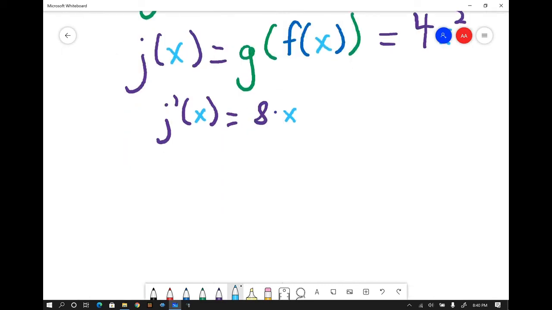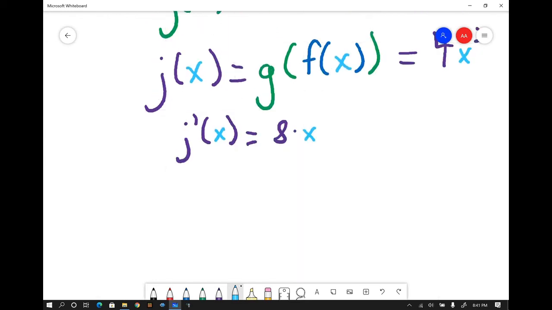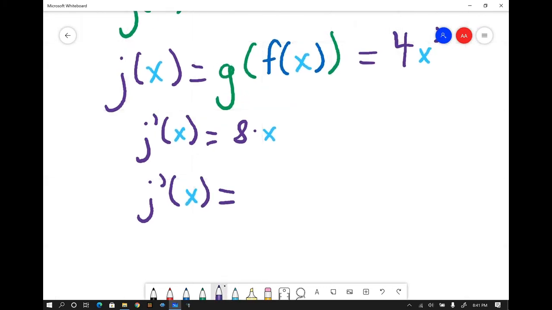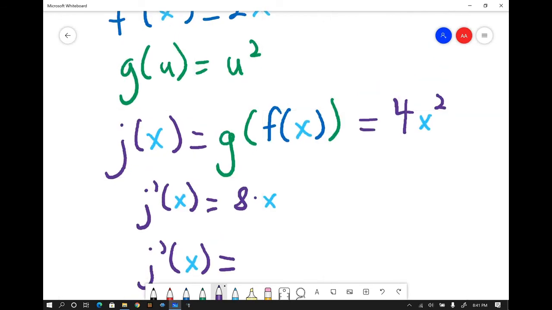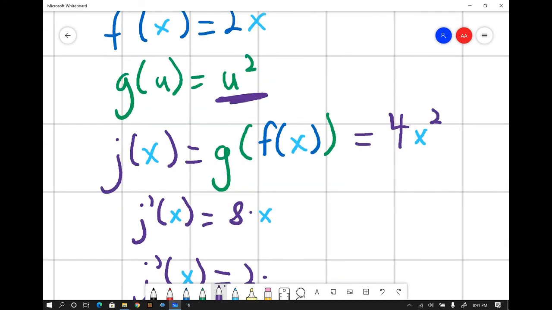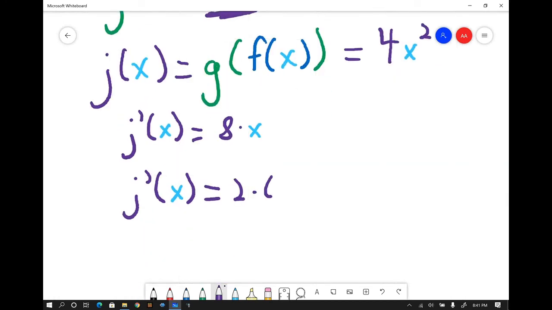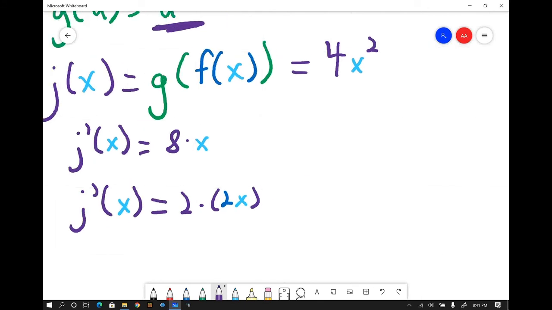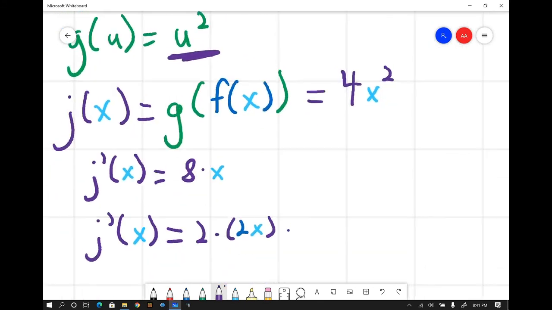But let's see if we can also use our chain rule formula to get the same answer. So we'll have j prime of x is equal to the derivative of the outer function, which is, in this case, 2 times our input, 2x. So 2 times 2x, and then multiplied by the derivative of our inner function.